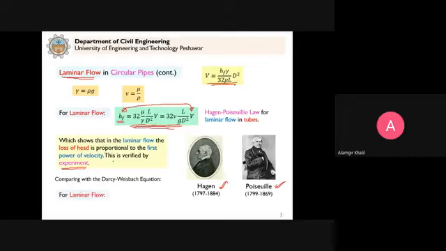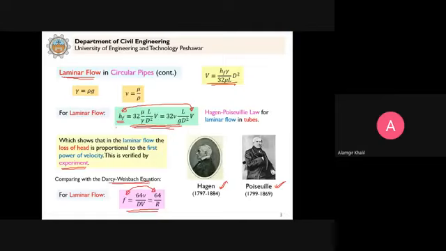Now when we compare this HF with the Darcy-Weisbach equation, we get an equation for the friction factor. We get that F is equal to 64 by R, where R is the Reynolds number.